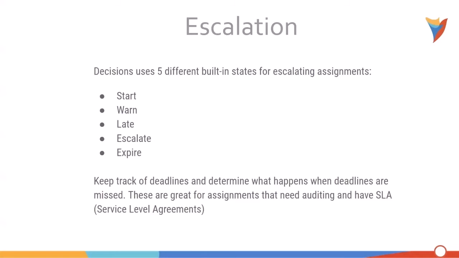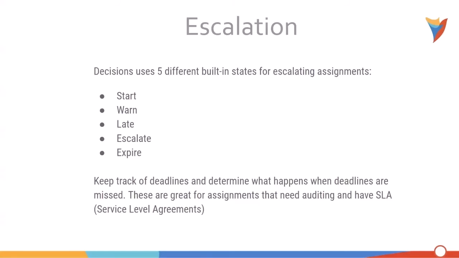Escalate this assignment if it's not handled by a certain time. So if it's sitting in your inbox for 3 days and you don't act on it, it might be sent to a higher up, your manager, your director, whoever, and they're going to know that you didn't work the assignment when it came to you.